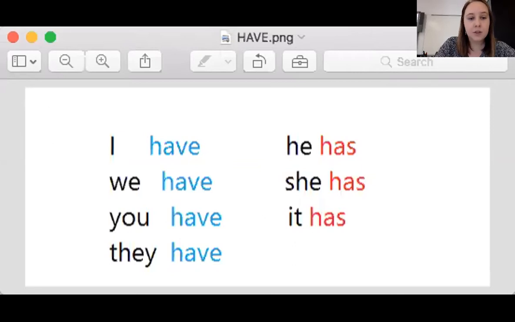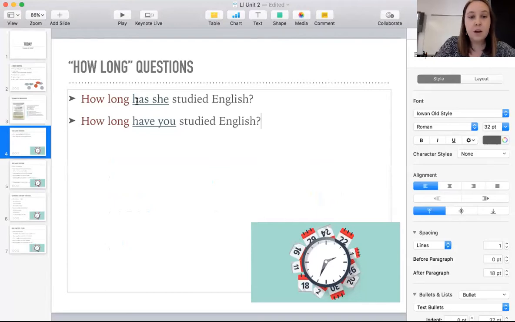So let's go back to our sentences here. How long has she studied English? It's she, so we're going to use has. How long have you studied English? It's you, so we're going to use have.